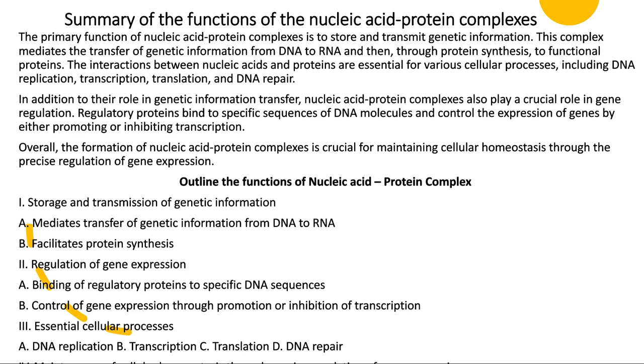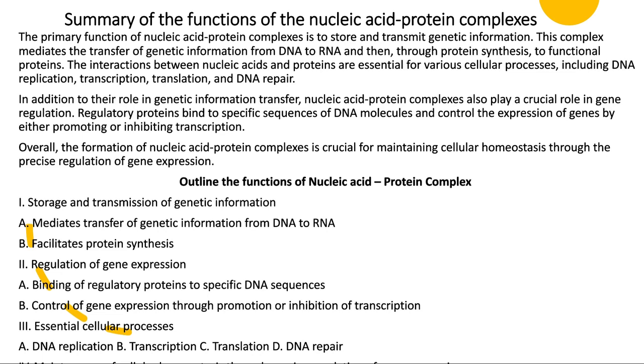So, in summarizing this, we can say that the primary function of nucleic acid protein complexes is to store and transmit genetic information. This complex mediates the transfer of genetic information from DNA to RNA, and then through protein synthesis to functional protein.